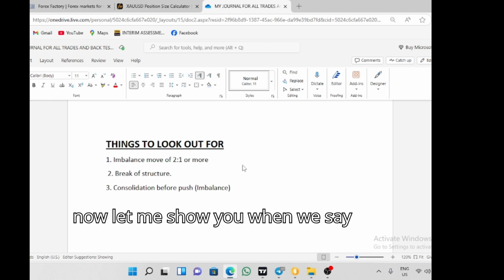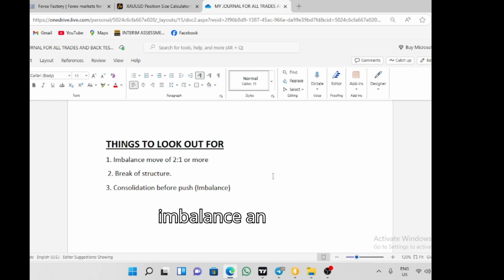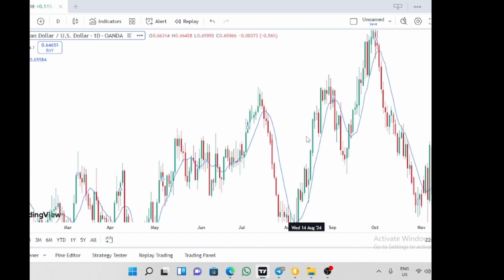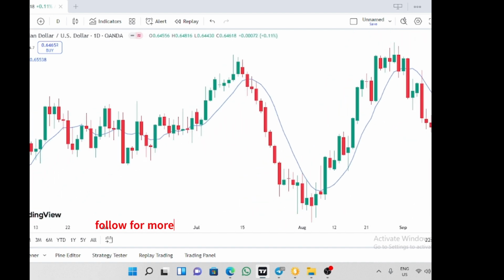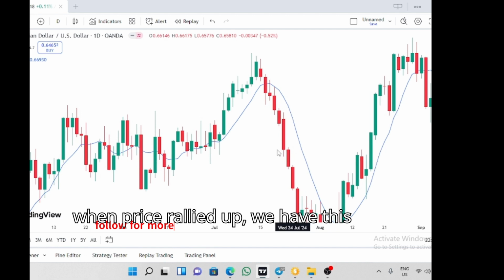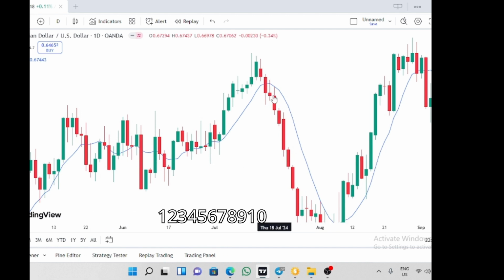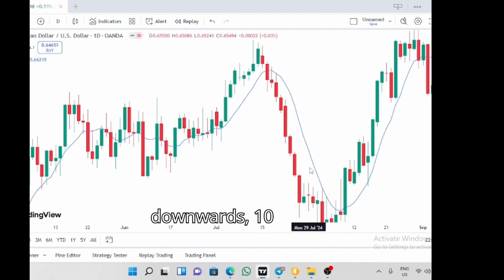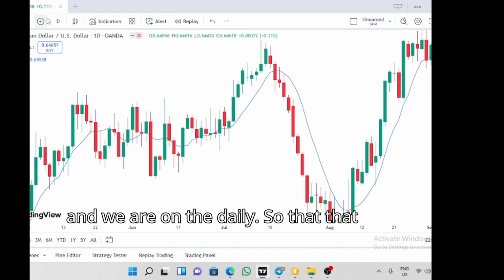Now let me show you. An example of an imbalance: when we look at this, when price rallied up, you have this 1, 2, 3, 4, 5, 6, 7, 8, 9, 10 candles going straight downwards. 10 what? Bullish candles, and we are on the daily.